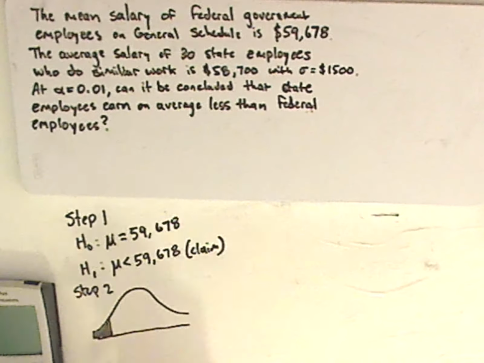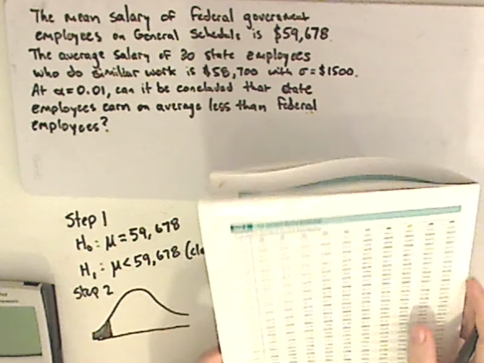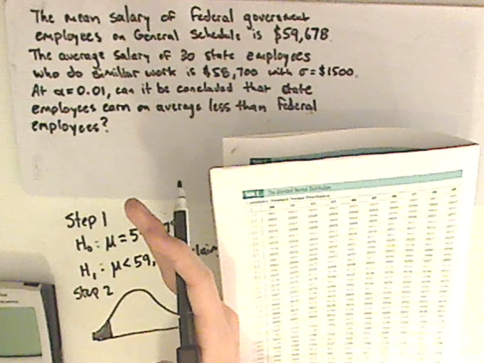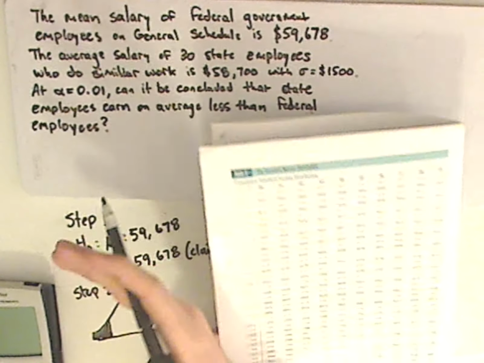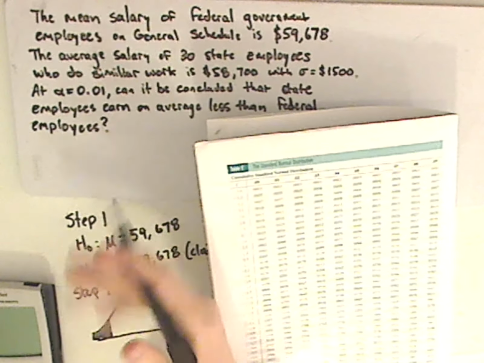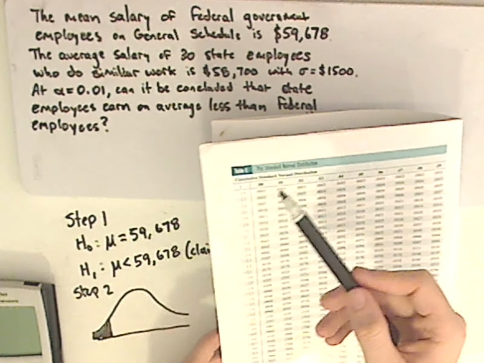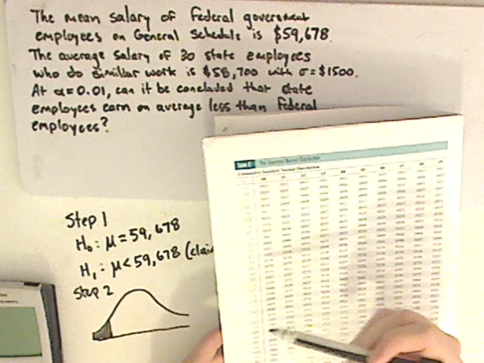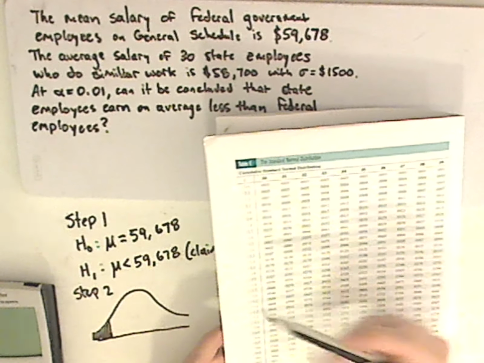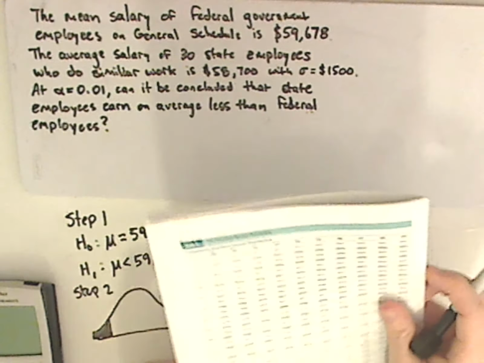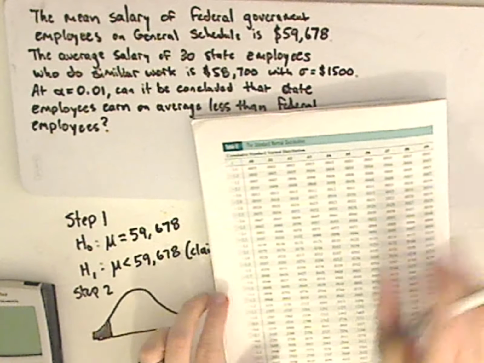Now, since these are z-scores, they're typically going to repeat themselves, so you can have like a little table or whatever. I'm going to look them up here on the table.